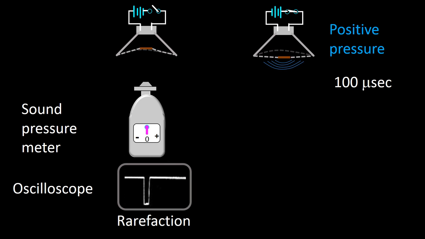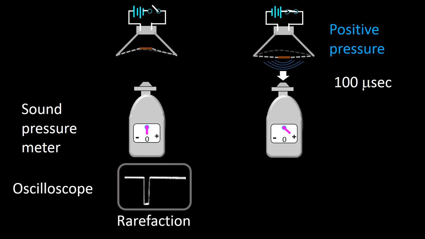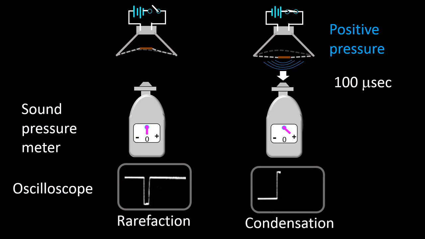This pressure will be sustained for about 100 microseconds, which will be reflected in the artificial ear. Meanwhile, at the oscilloscope, we will see the pulse, which is now in the opposite direction than it was before. The current pulse is reflecting condensation.